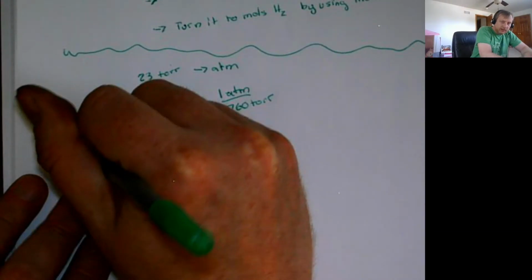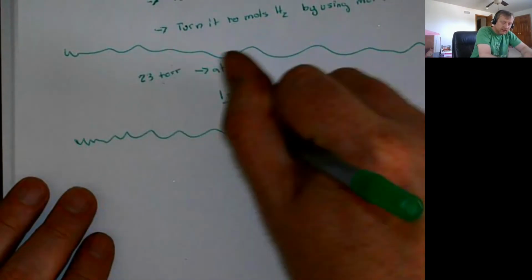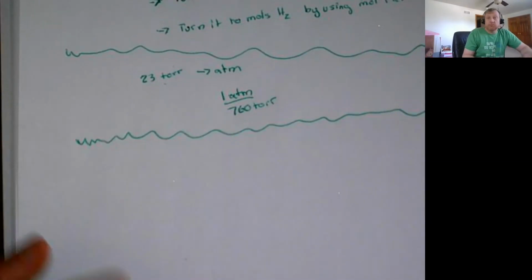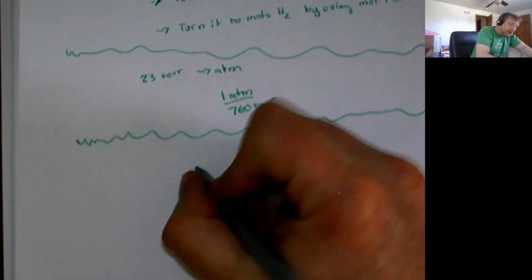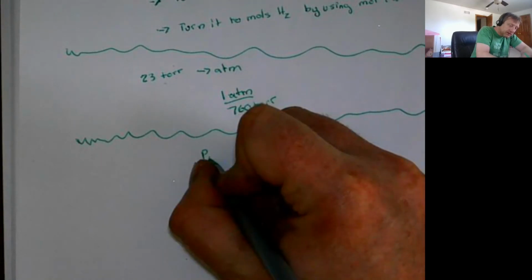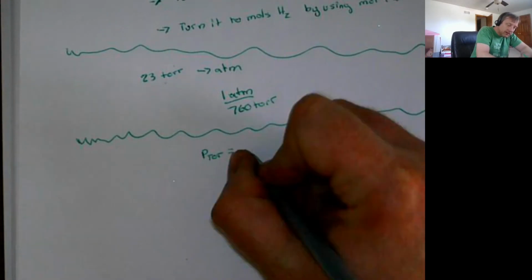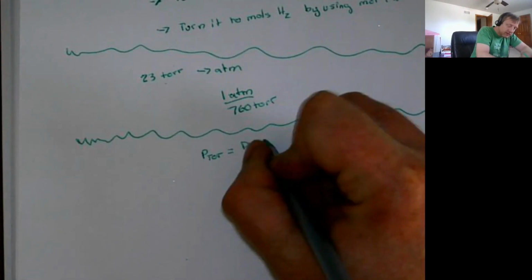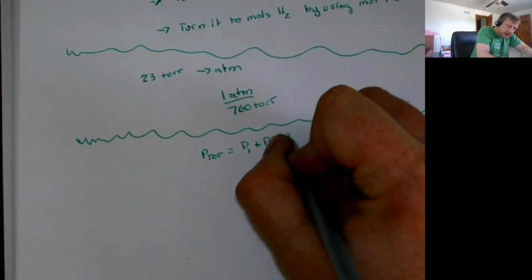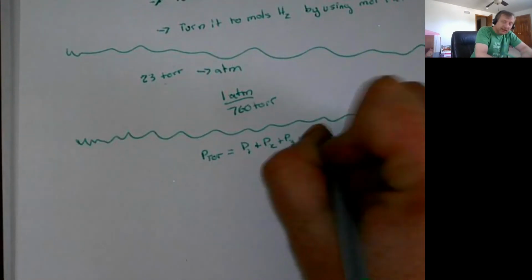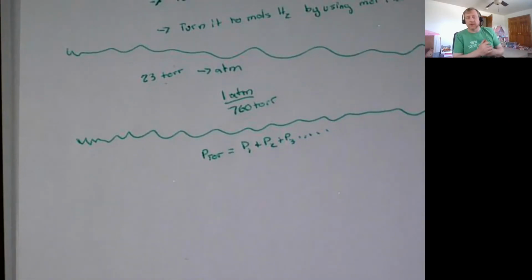So this is a nice, easy problem. What we're going to use is Dalton's law, which is that the total pressure in any system is just the sum of the individual pressures of whatever gases are present in that system. So that's the generalized law.